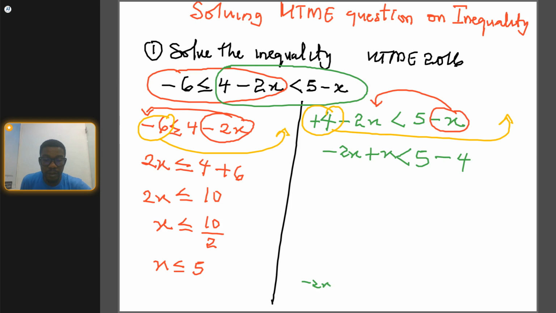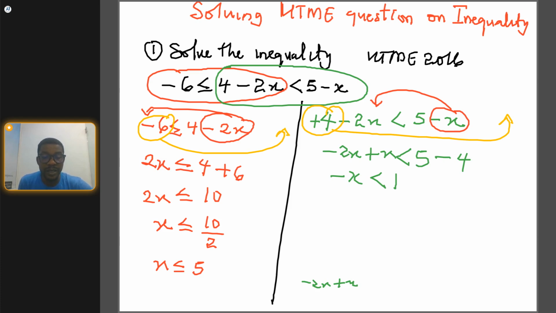Our response will be minus x is less than. Subtracting 4 from 5, we are going to have 1. But it is not allowed in inequality to have a sign beside the variable, because x here is the variable of focus.